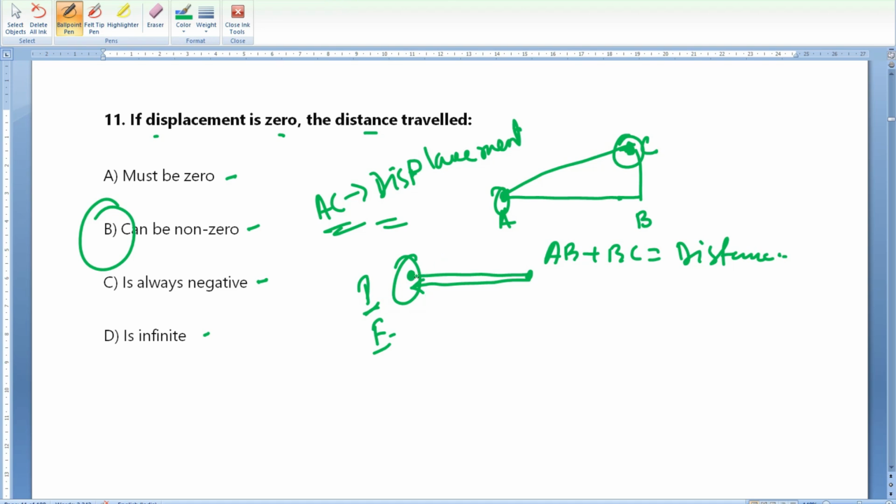But the object travels from A to B, then B to A again, so AB plus BA is the distance traveled. So if displacement is 0, distance may not be 0, it can be non-zero. This is the correct answer, B.